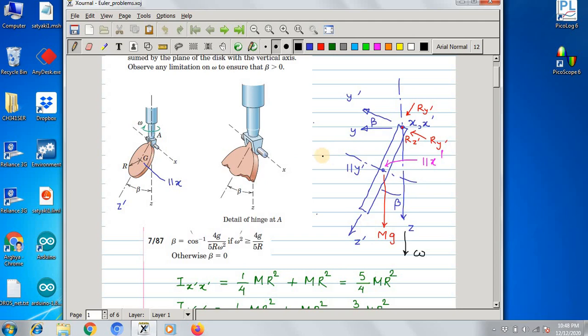So x is coming out of this, and about this x we give a rotation beta. So we get y dashed and z dashed. Okay, so about this x we give a rotation beta, so we get this and this.